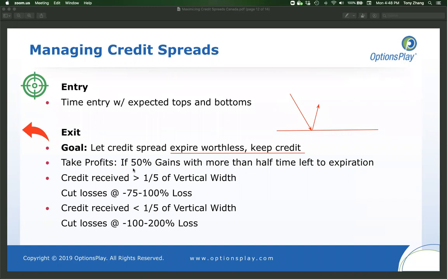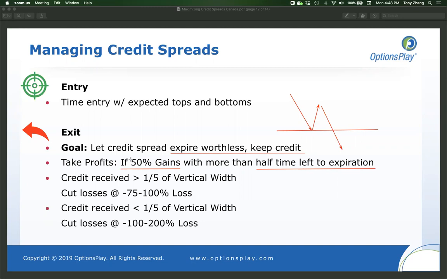So if you make 50% of the gains of the credit spread with more than half the time left to expiration, that's a good time to take profit, because again, this strategy risks more than the income that you receive. If you get a small bounce, there's always the possibility that this stock drops, and if that happens, you're risking more than the income that you receive. So when you can collect 50% of the gains and you still have more than half the time left, take that profit and move on.